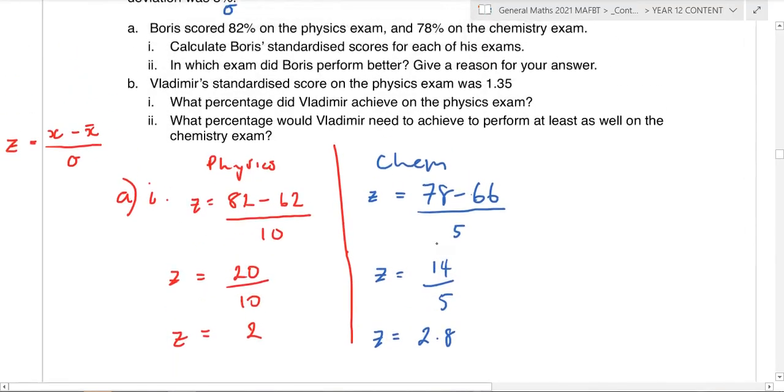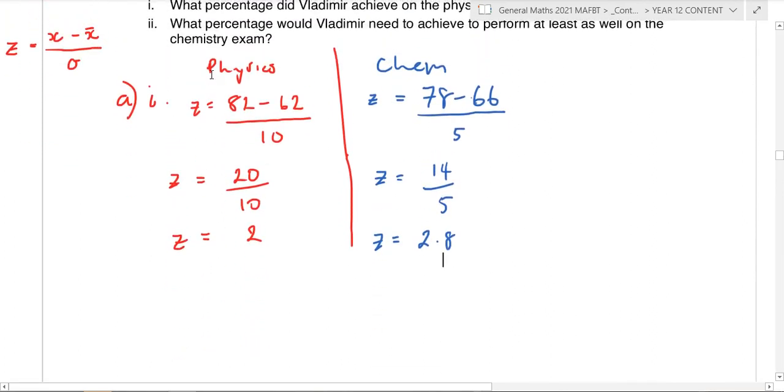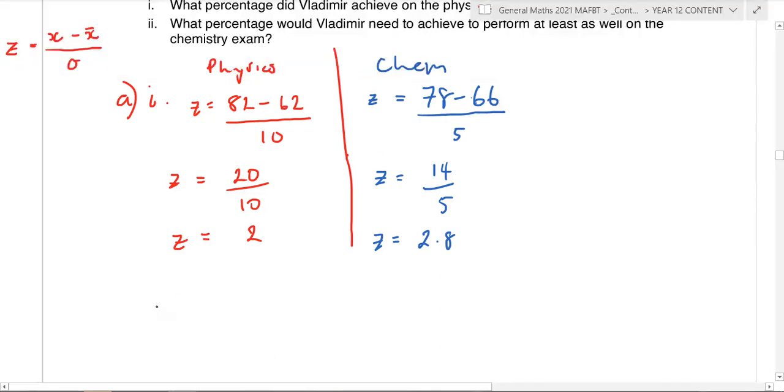Now this is where the second part of the question comes into play. Though his physics score was higher than his chemistry score, we could say that in terms of the standardized score, he actually got better in chem.